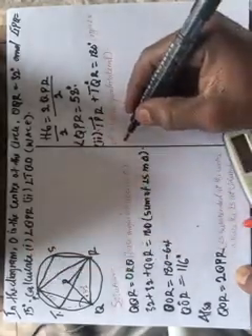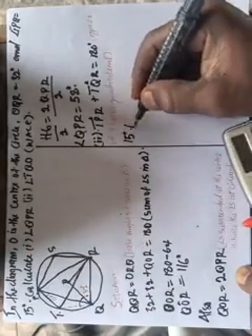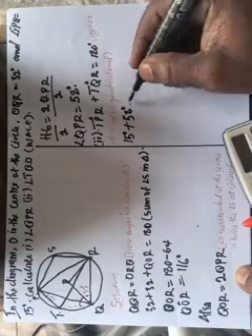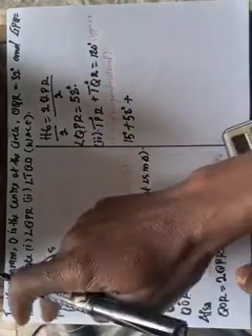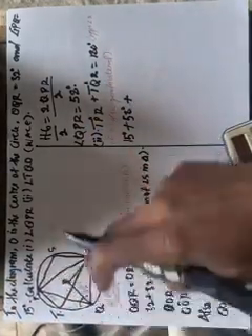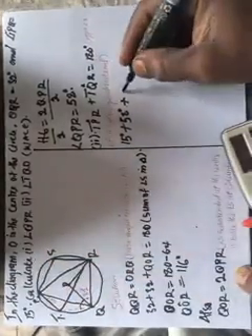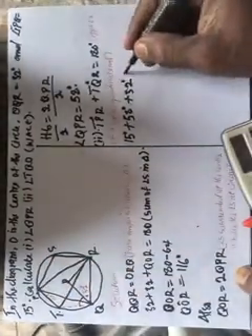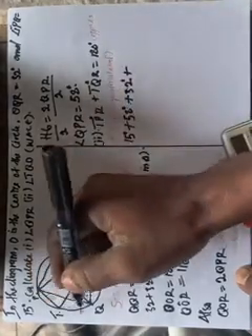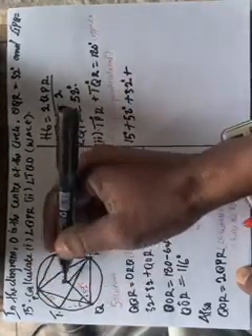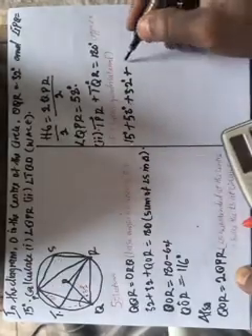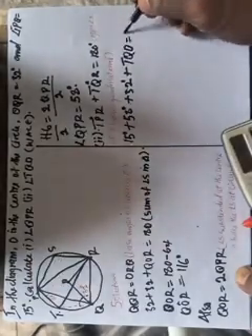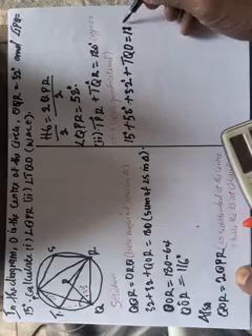So we say 15 degrees plus 58 degrees plus this angle here, TQR, 32 degrees, plus the one we are looking for, TQO, equals 180.